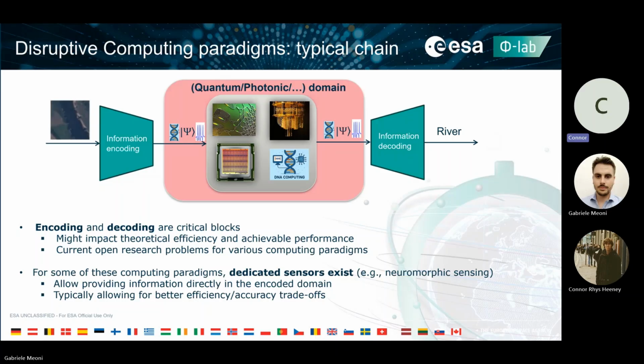So you need to do some decoding. For some kinds of computing paradigms, you might skip the encoding simply because there are corresponding sensing technologies. For instance, for neuromorphic computing, you have event-based cameras. You have neuromorphic cameras that already provide you the information in the domain they want. And you will see later why this is an advantage.